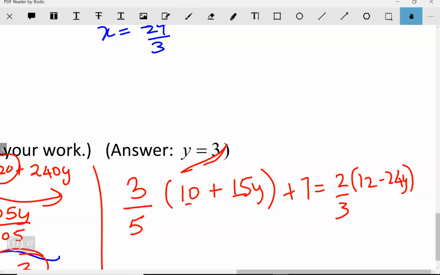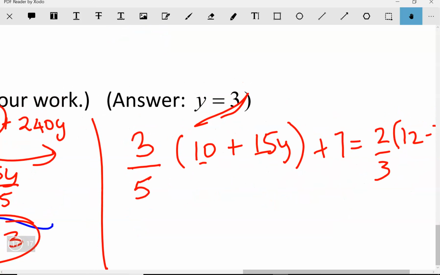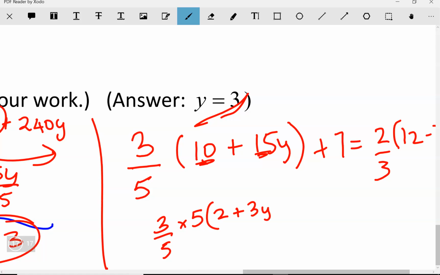And I can factor out, do you remember? Hopefully we remember factoring from the last unit. We can factor out a 5 because that is the greatest common factor between 10 and 15y. So this is actually 3 over 5 times 5 bracket, again I'm doing division, 10 divided by 5 is 2, 15y divided by 5 is 3y.